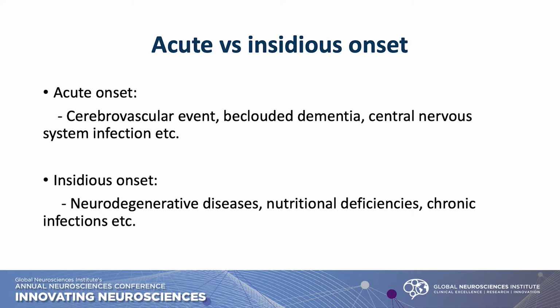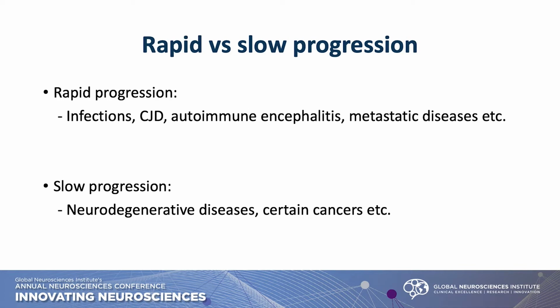Or with a slow process, neurodegenerative disease, nutritional deficiencies, some chronic infections, and other conditions. The tempo of progression is very important, because it completely puts us into a different territory. If somebody started developing cognitive problems and rapidly progressed, are we dealing with a prion disease, infectious diseases, autoimmune disorders? Or is it a slowly progressive disorder such as a neurodegenerative disease or certain cancers?